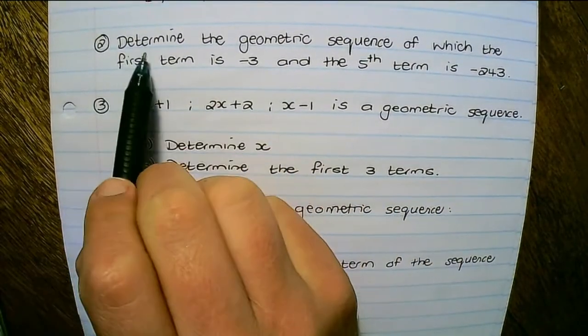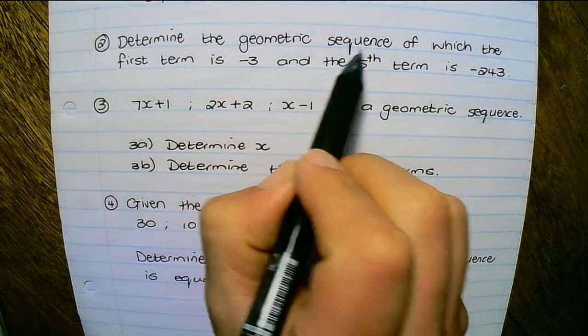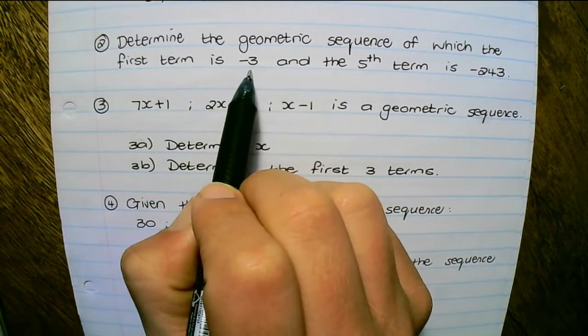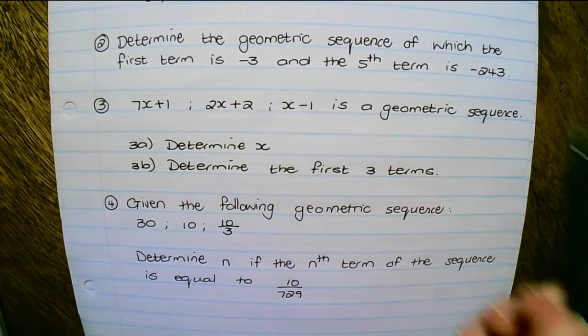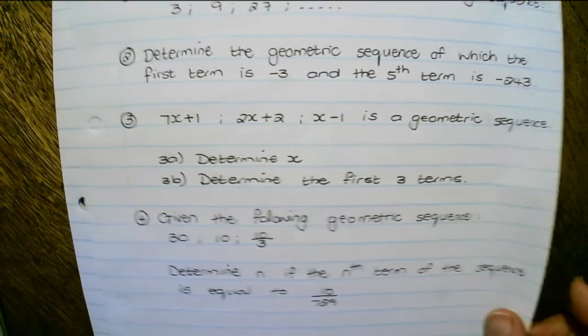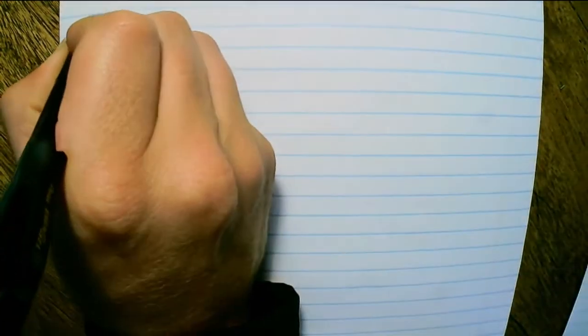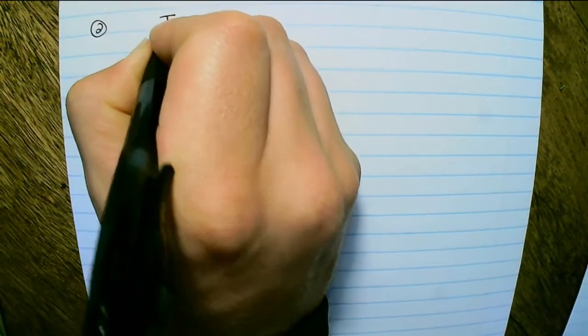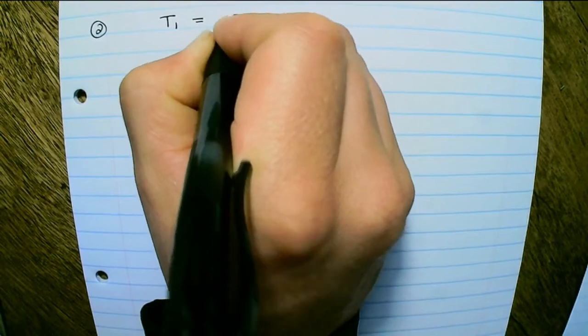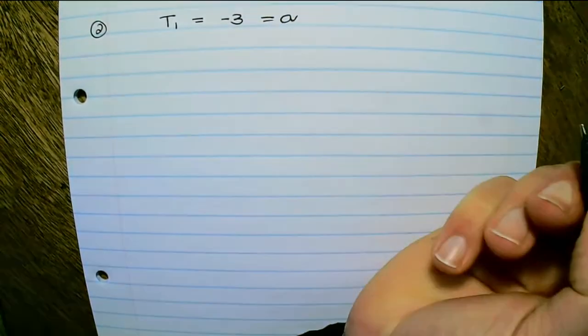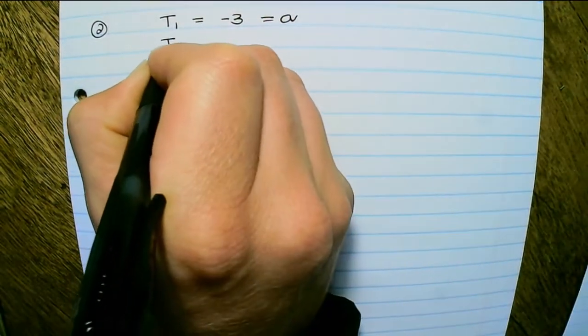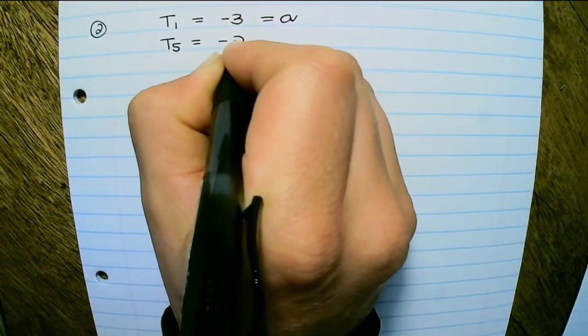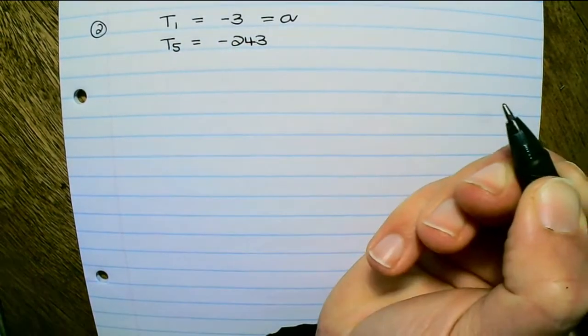The second question says, determine the geometric sequence of which the first term is negative 3 and the fifth term is equal to negative 243. So we know term 1 is equal to negative 3, which is also a, and term 5 is equal to negative 243.